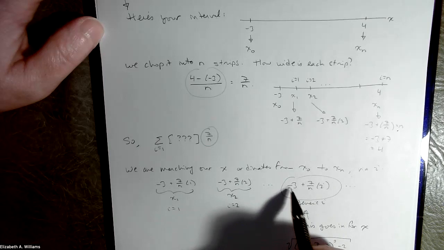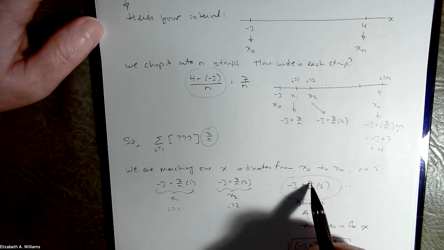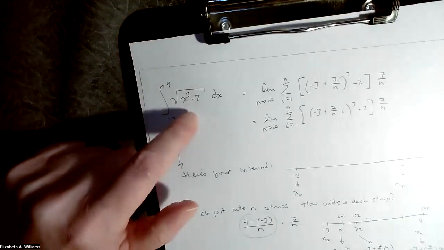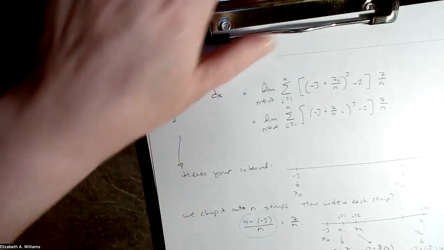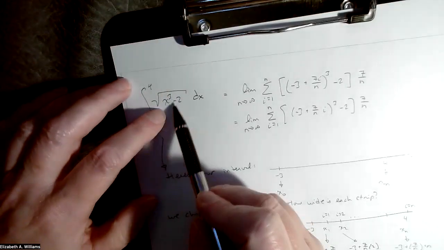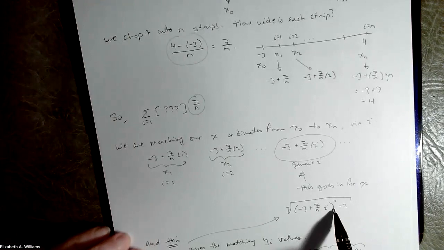You started at -3 and added i copies of your little strip width. That's an x number. If you shove that in to get a y value, then you've got this mouthful cubed minus 2, all square rooted, and that's how you come to here.